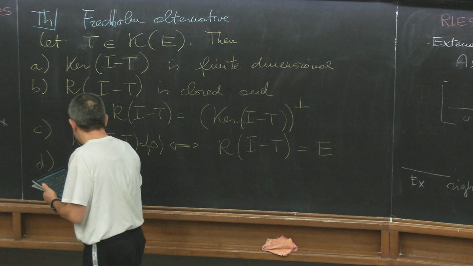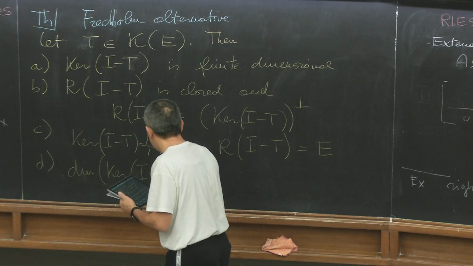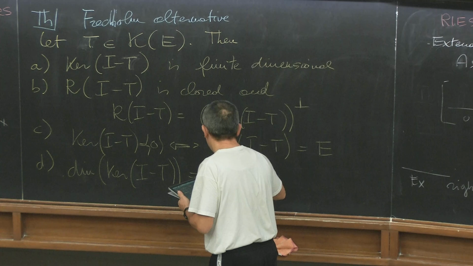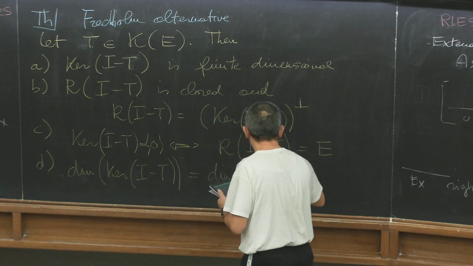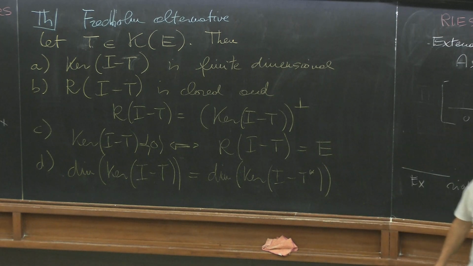the dimension of the kernel of identity minus T is equal to the dimension of the kernel of identity minus T star. Professor, it says here in the book that it should be the kernel of I minus T star.